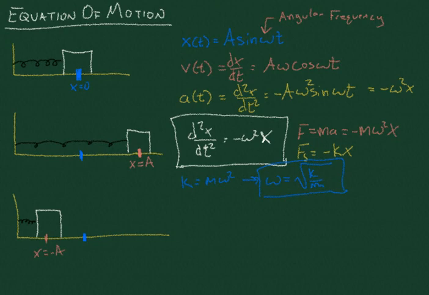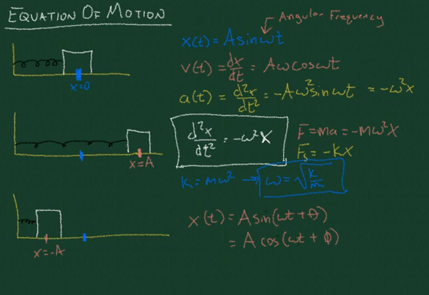So the only thing that I'll mention real quick back to this differential equation is that the most general solution, we can have x of t is equal to a sine omega t plus theta, which is also equal to a cosine omega t plus phi.